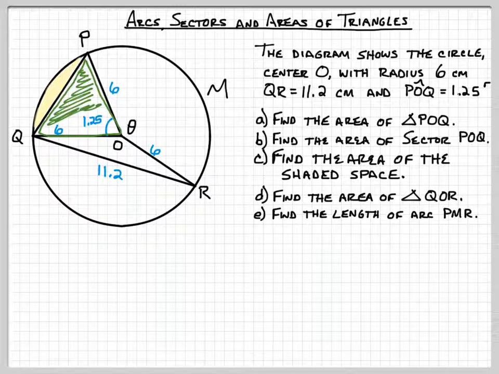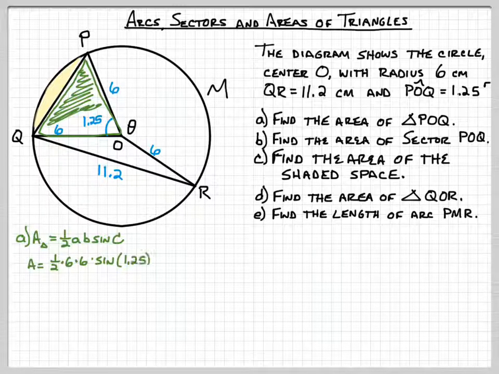We've got 2 sides and an angle, so we can use our formula for the area of a non-right triangle, one half ab sine C. We plug in our values: 1/2, 6 times 6, sine 1.25. Keep in mind this 1.25 is in radians, so we need to make sure our calculator is on radian mode.